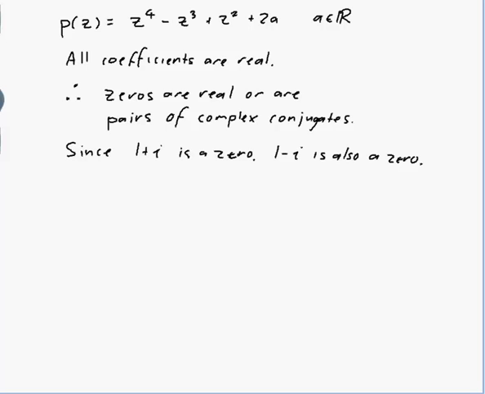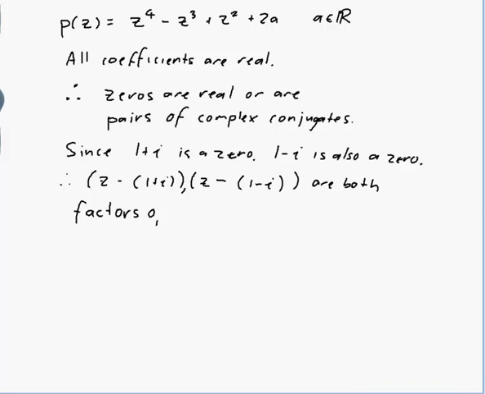Okay, and so therefore Z minus 1 plus I and Z minus 1 minus I are both factors of P of Z, because the rules of polynomials still work even with complex numbers.